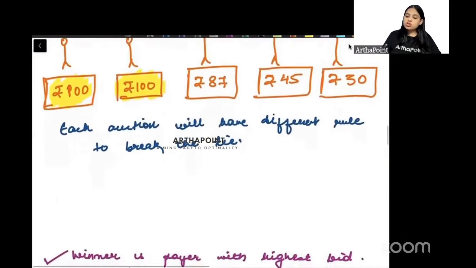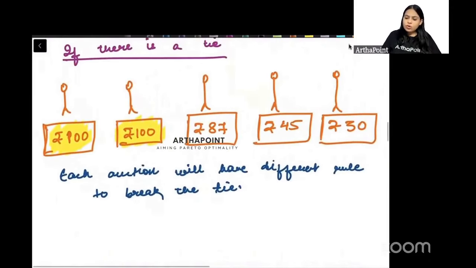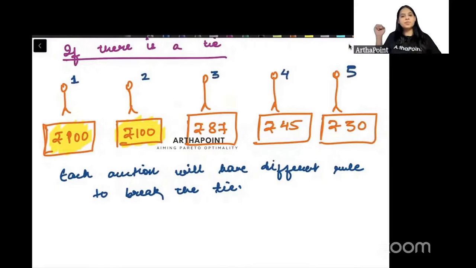Every auction has its own rule. So suppose this auction says, if you have the same bid, then I will look at your position: this is position number 1, position 2, position 3, position 4, position 5. Position means maybe your envelope number, that I gave you 1, 2, 3 on the envelope, right? So I will see your position.